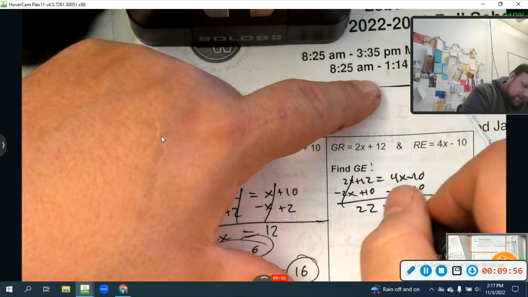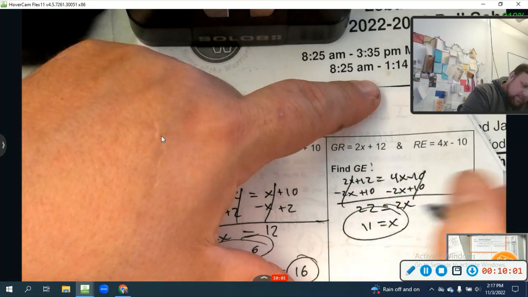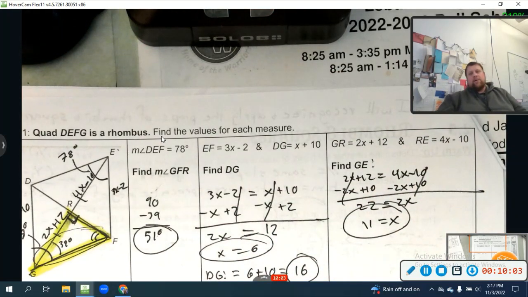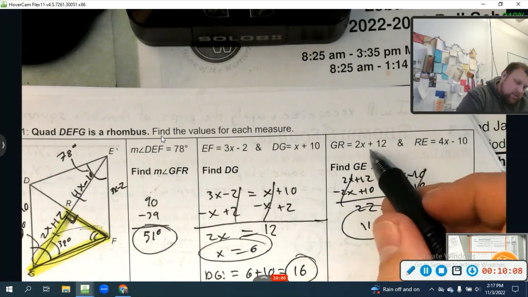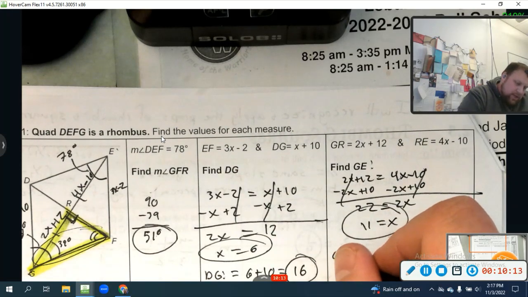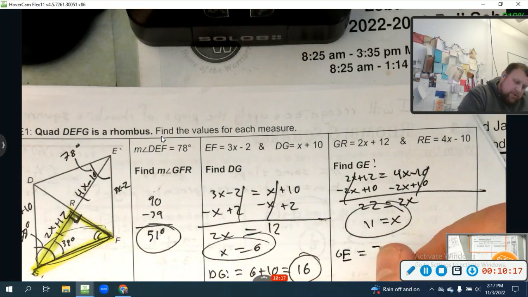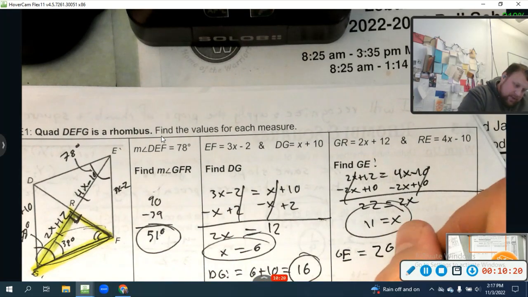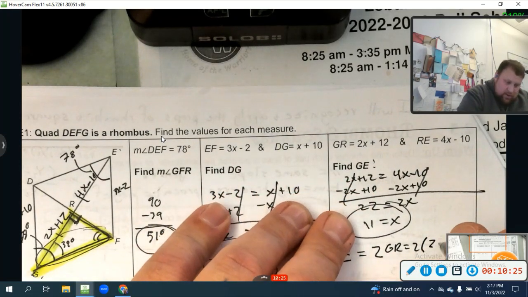I get 22 equals 2x, or 11 equals x. Great job. So now we need to find what the whole thing is. So I'm going to plug it into just one of these sides. So let's go right here, 2x plus 12. So GR, or what I know is GE, the whole thing from end to end, is going to equal 2 times GR, which equals 2 times 2x, which was 11, plus 12.